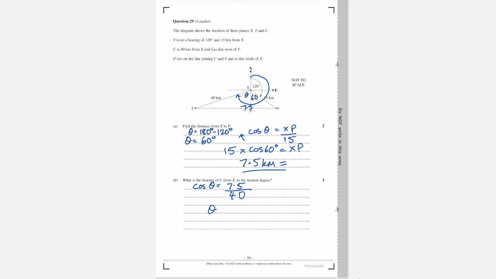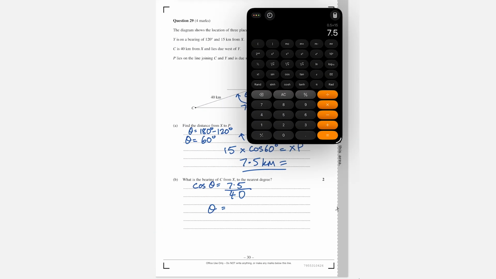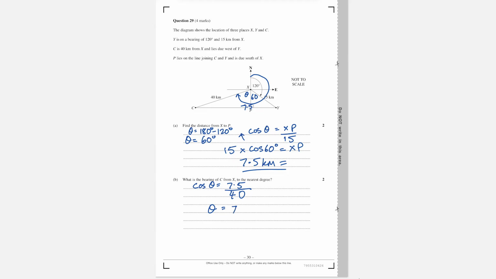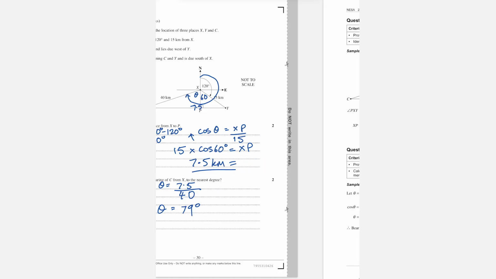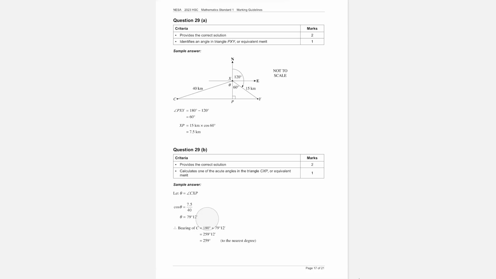And therefore theta, we can put this directly into our calculator. 7.5 divided by 40, 0.1875. And then we uncos that, and we get theta is equal to 79 degrees. Oh, right, 79 degrees. Whoops. So then our bearing, we didn't do the bearing.